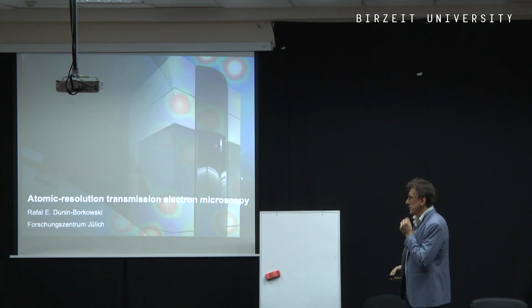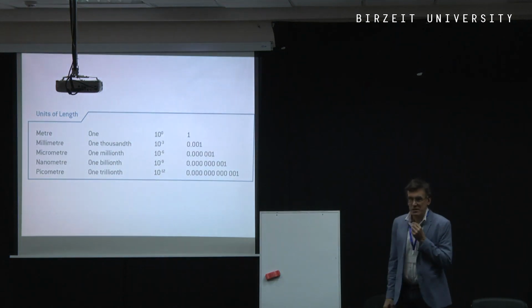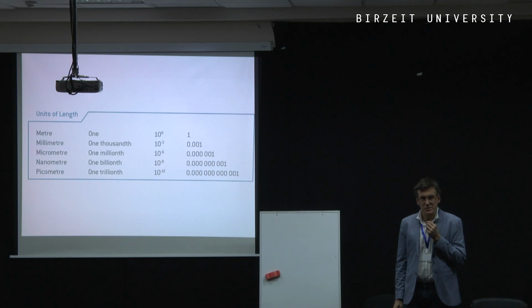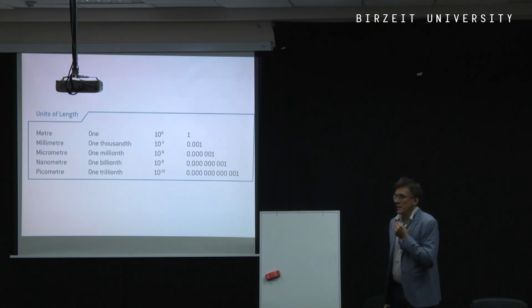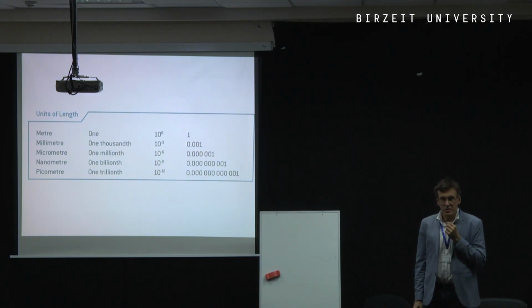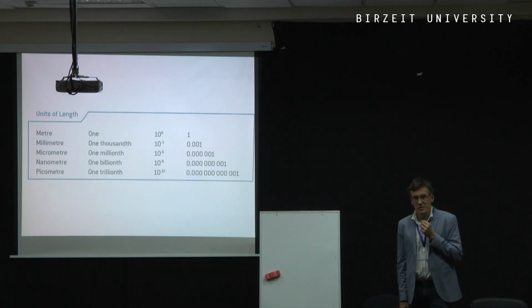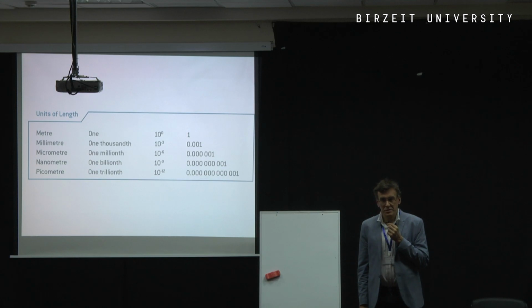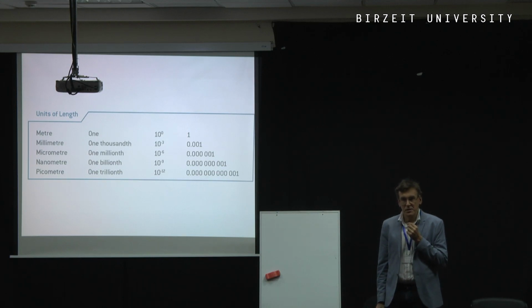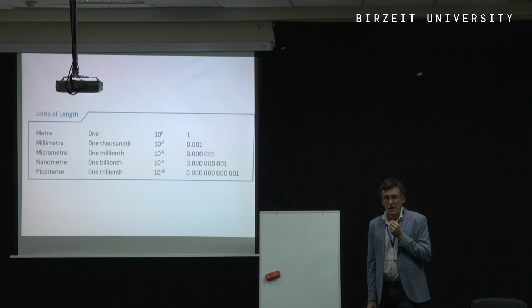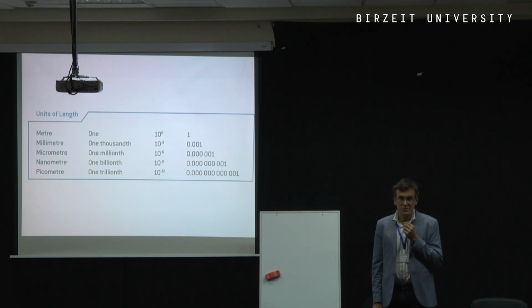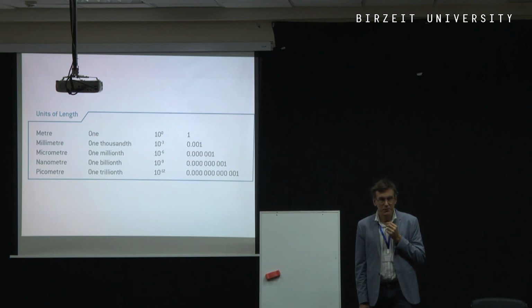But just to begin with, I'd like to start off by going through what length scales we will be discussing. Now, because we are looking on the atomic scale, we are interested in typical sizes of atoms and typical interatomic distances. And those distances are on the order of 1 to 2 angstroms, in other words, 0.1 to 0.2 nanometers.